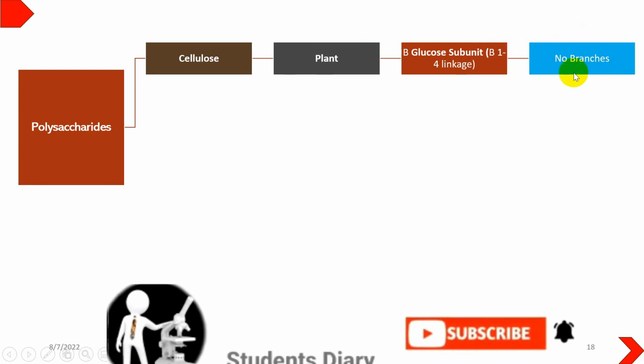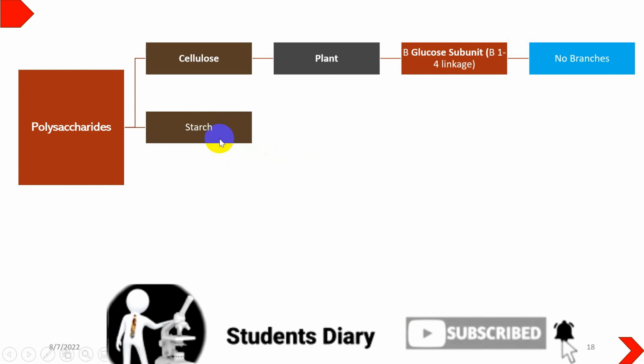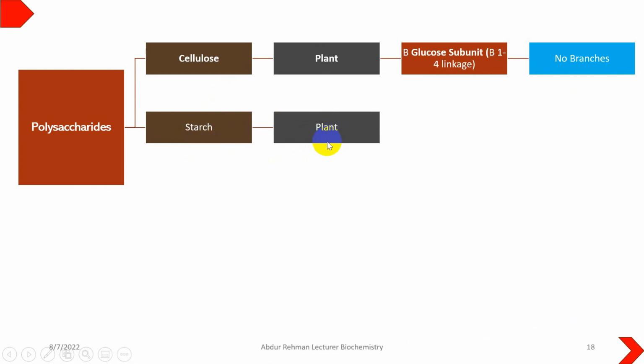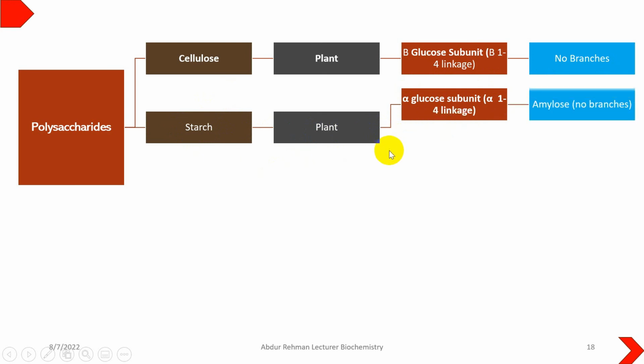Starch is also a predominant polysaccharide and it is also from a plant source. It is made up of alpha glucose subunits joined either by alpha 1,4 linkage or alpha 1,6 glycosidic linkage. If there are only alpha 1,4 glycosidic bonds and no branch point, then it is termed amylose.